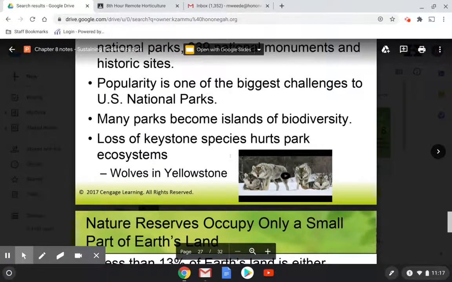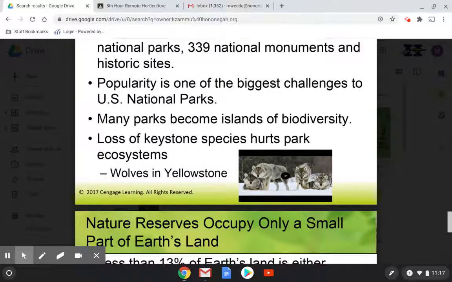But again, what we see is that these wolves, if they're not in that ecosystem, what happens is wolves hunt deer. Deer eat grass. If there aren't enough wolves in that area, the deer population is going to increase. With an increase in deer population, you're going to see a decrease in vegetation, or whatever the food is that the deer eat.